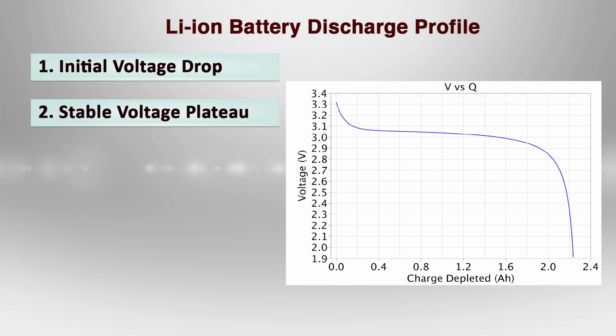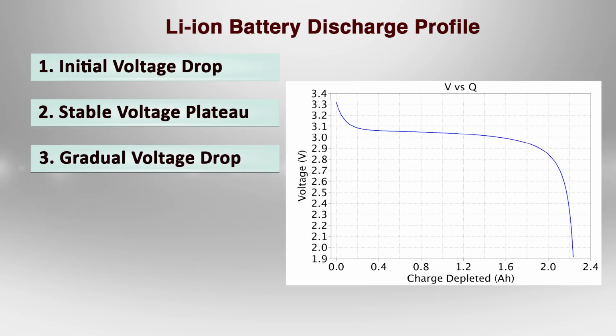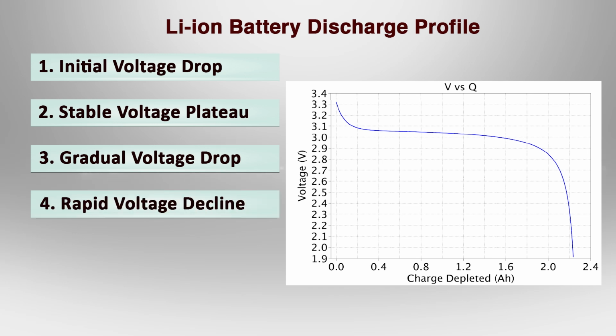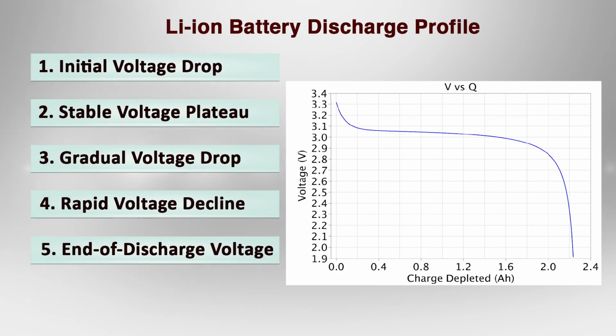After that we get the stable voltage plateau. In this region we get the smallest change in voltage with respect to the load, and this is what we call the working region of the lithium ion battery pack. After the stable voltage plateau, we have a gradual voltage drop, then a rapid voltage decline, and at the end the end of discharge voltage.